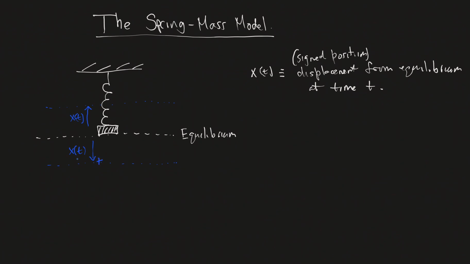That means whenever x of t is a positive number, the object is below equilibrium. And we're going to take above to be negative. So whenever x of t gives us a negative number, we say that the object is above equilibrium. So we've set the framework.